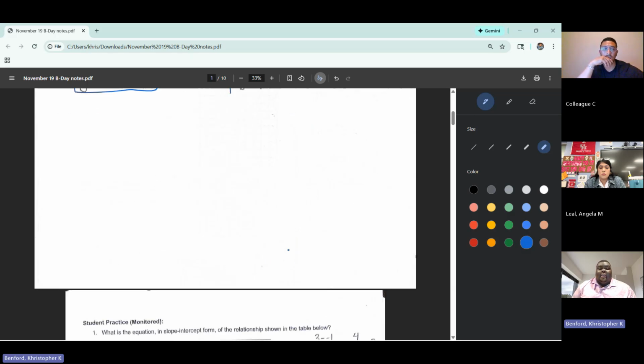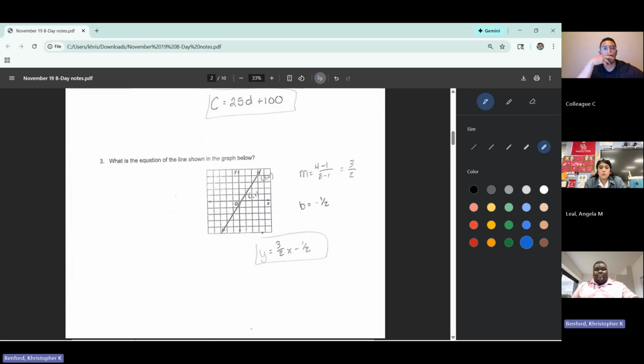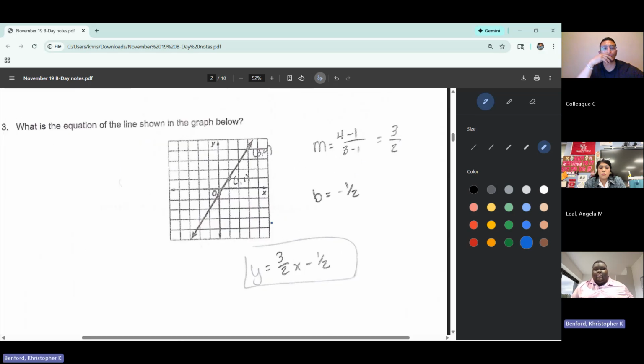The next thing is, if I'm looking at three, let me zoom in a little bit. If we're looking at three, a weaker response that we would need to push students to go a little bit deeper on is if they don't include the slope formula and if they just don't include what b is. Most of my students can identify a point. The problem that we run into is making sure that they don't plug it in incorrectly into the slope formula.